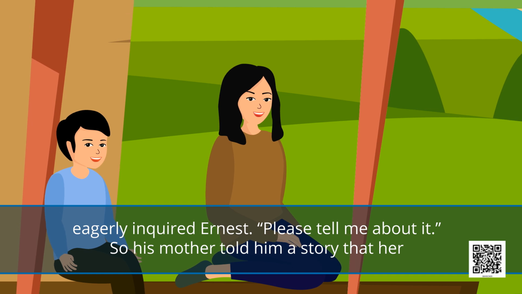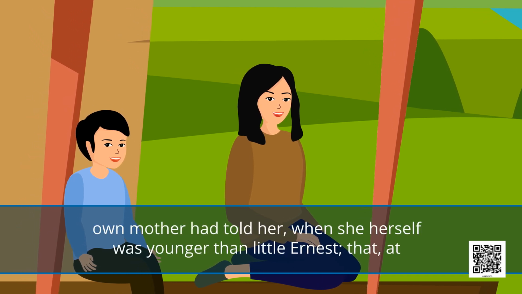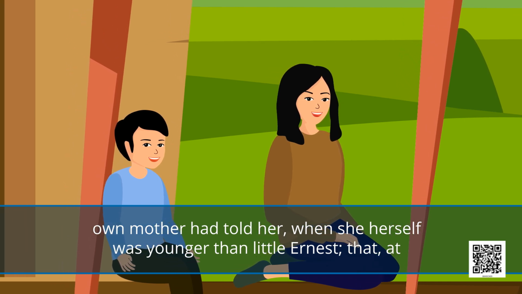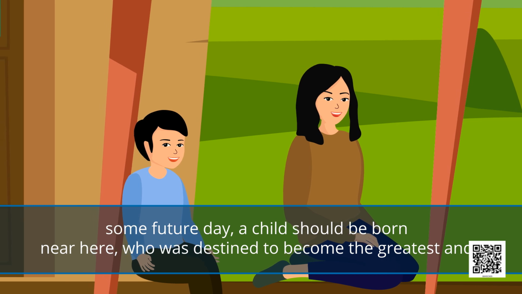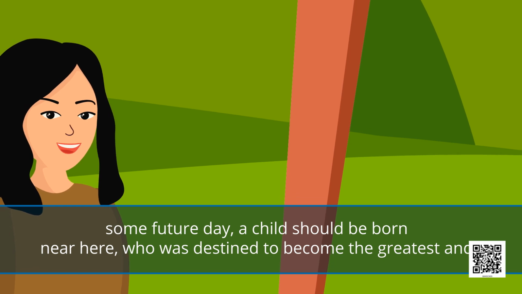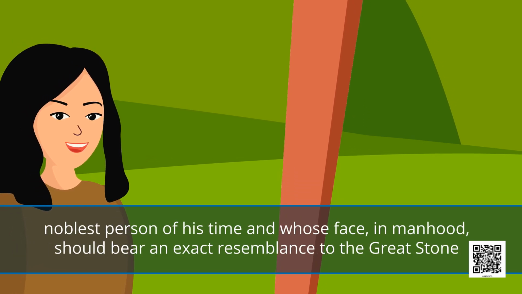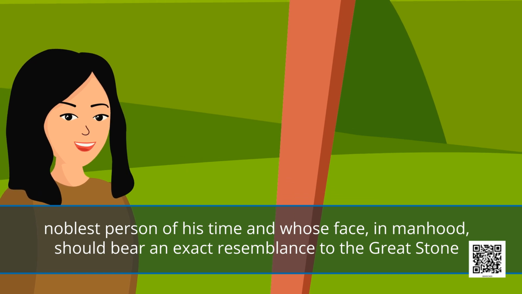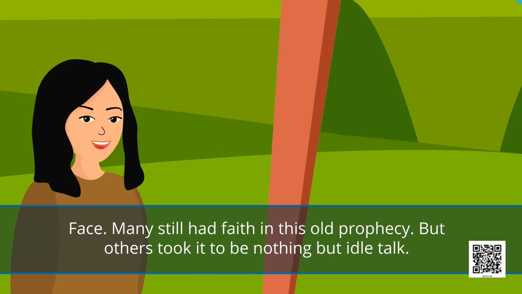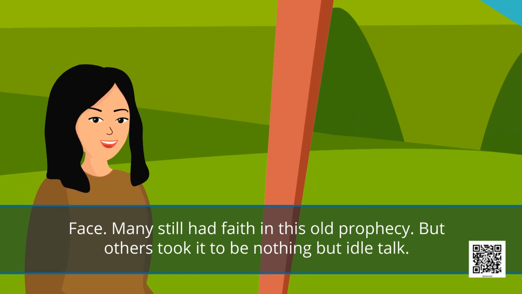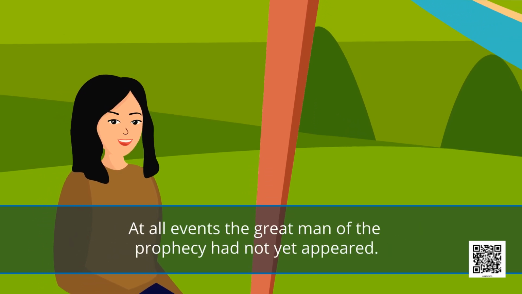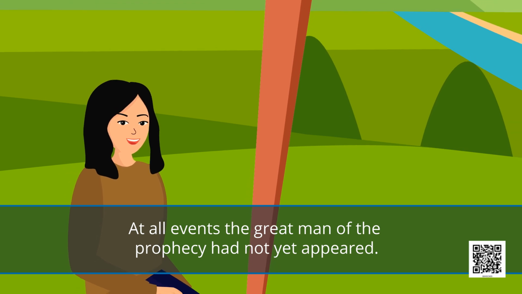So his mother told him a story that her own mother had told her when she herself was younger than little Ernest, that at some future day a child should be born near here who was destined to become the greatest and the noblest person of his time, and whose face in manhood should bear an exact resemblance to the great stone face. Many still had faith in this old prophecy, but others took it to be nothing but idle talk. At all events, the great man of the prophecy had not yet appeared.